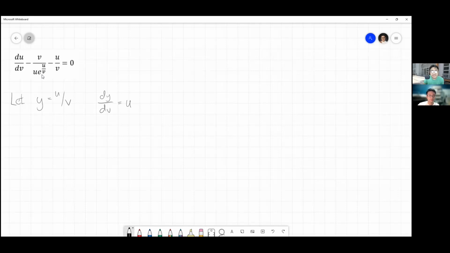Derivative ni 1 over v ay negative 1 over v squared. And then plus right d left. So right is 1 over v. Ang left natin is yung derivative ni u with respect to v, which is du over dv.